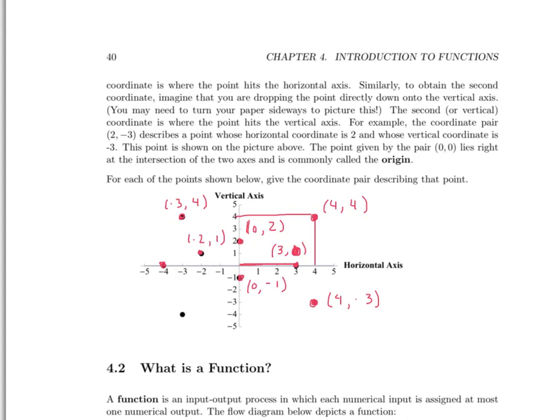This point lies at the intersection of -4 on the horizontal axis and 0 on the vertical axis. Lastly, this bottom point lies at the intersection of -3 on the horizontal axis and -4 on the vertical axis.